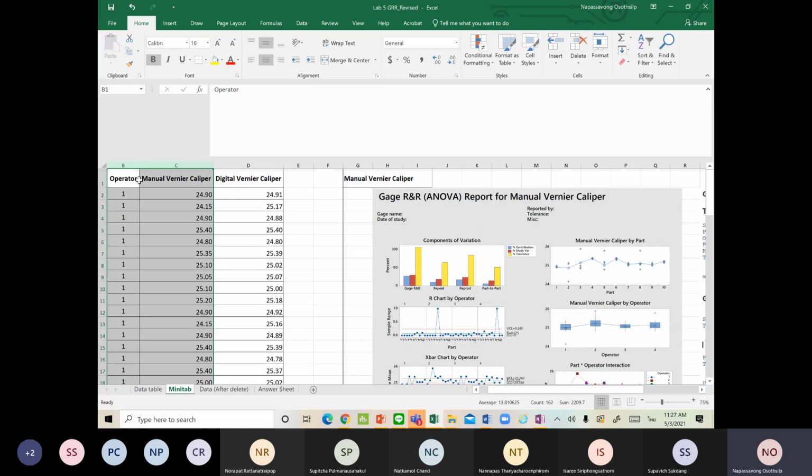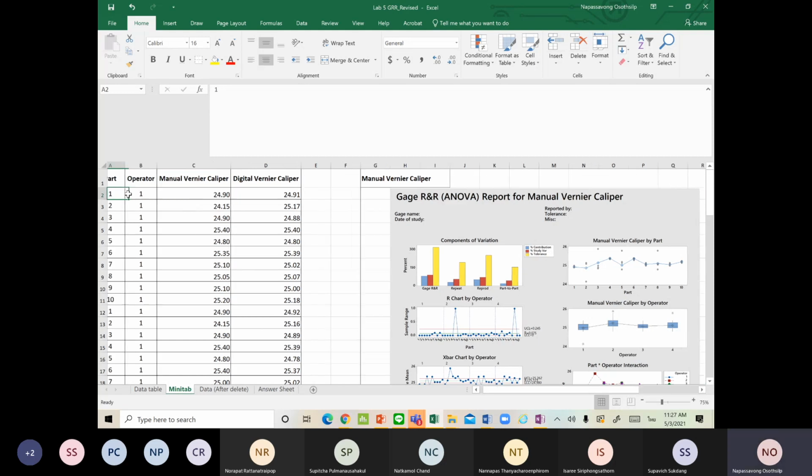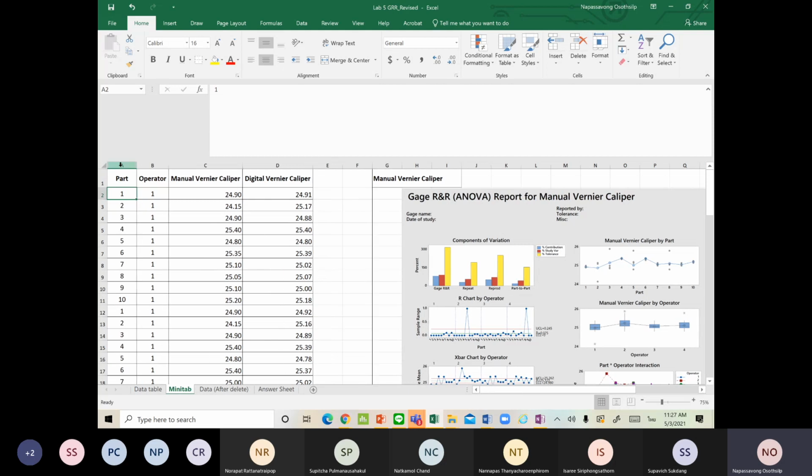So you have to mention that this observation comes from which operator. So if you have operator 1, we need another column, which is the part column, right? For example, we have 10 parts.